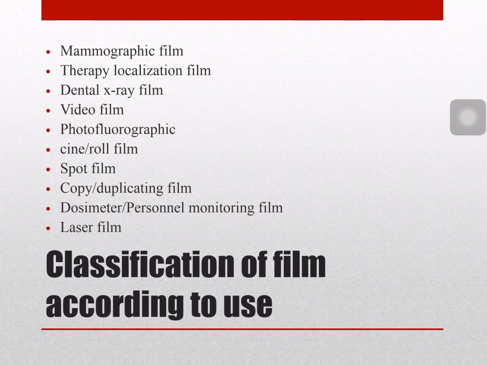Okay, next is spot film. Spot film are used for special procedures. A spot film can be used to determine an exact location of a mass on a certain part of the body. For example, the patient has undergone a chest PA X-ray examination.